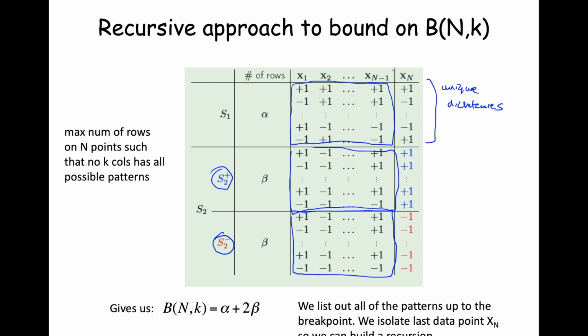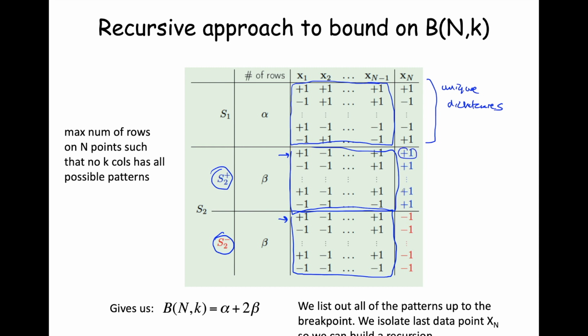And so we have the first group that are unique dichotomies, unique patterns of +1, -1 in the first n-1 positions. And then we have S2 plus and S2 minus that are not unique. This dichotomy is the same as this dichotomy for the first n-1 places, and for that last place is where they differ.